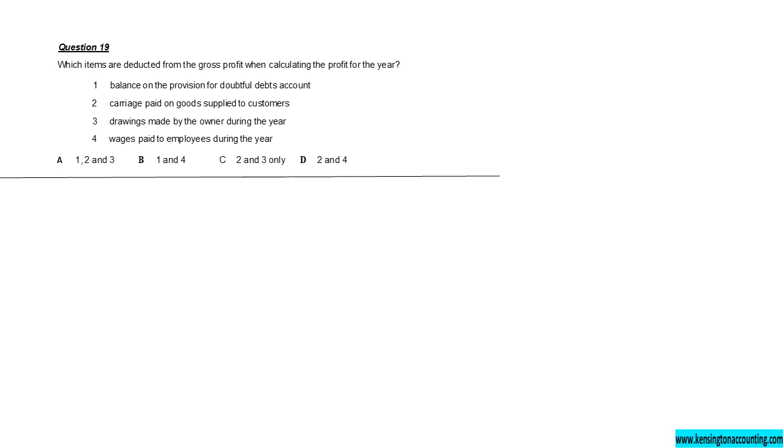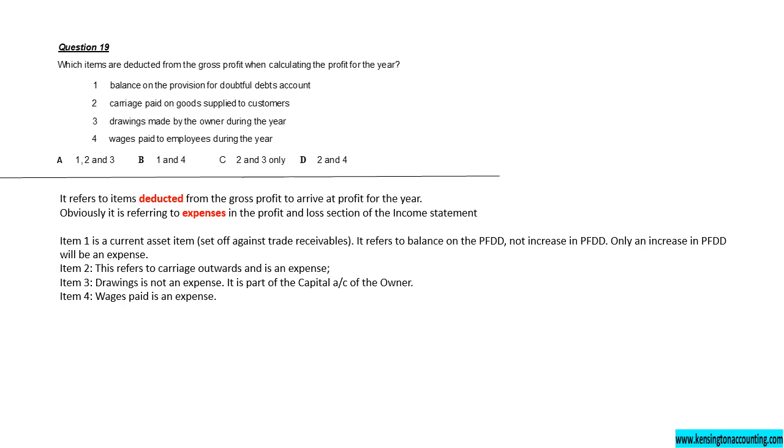Question 19. Which items are deducted from gross profit when calculating profit for the year? Obviously, it is referring to expenses, because expenses are deducted from gross profit to calculate profit for the year. Let's look at all 4 items to see which ones are expenses.